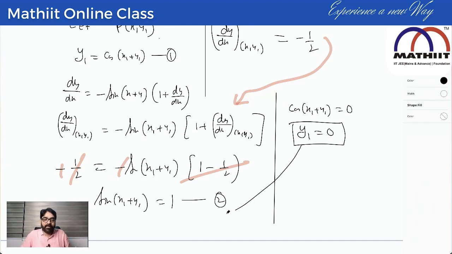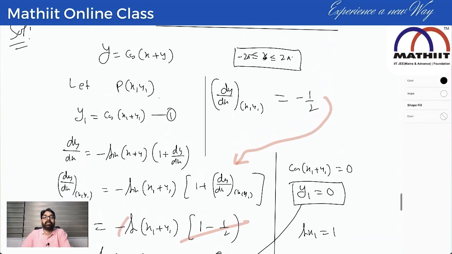This y1 value, anywhere I will put it, I am putting it here. So sin x1 equals 1. How many values will there be for x1? Infinite values. But they give the information that x must be between -2 pi and 2 pi. So between -2 pi and 2 pi, when does sin x become 1? Either here or here.